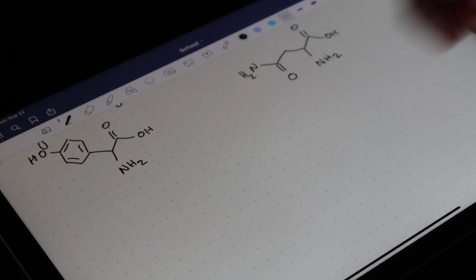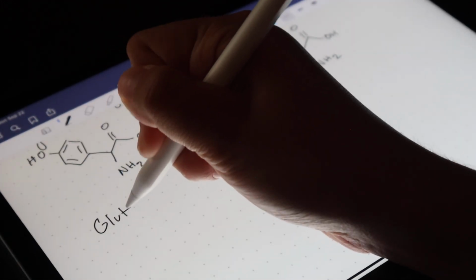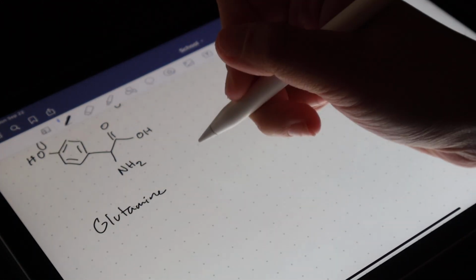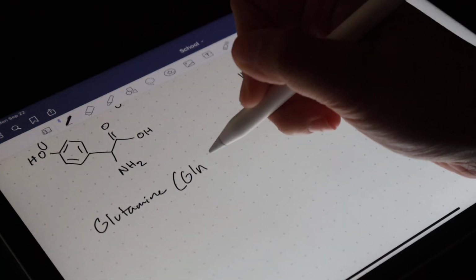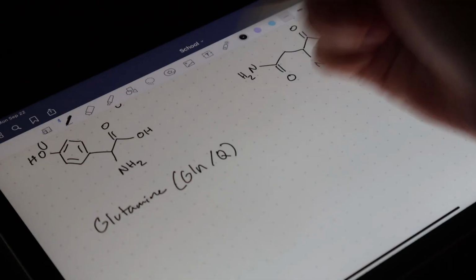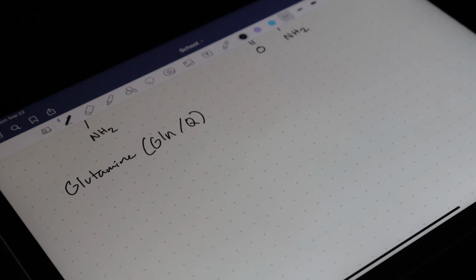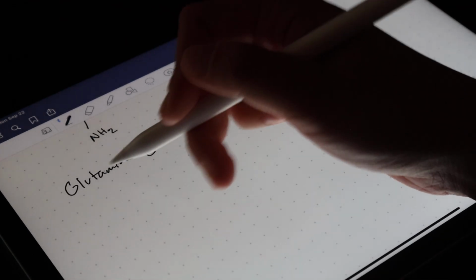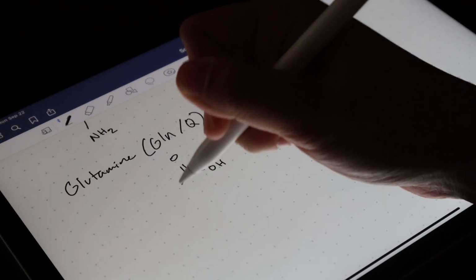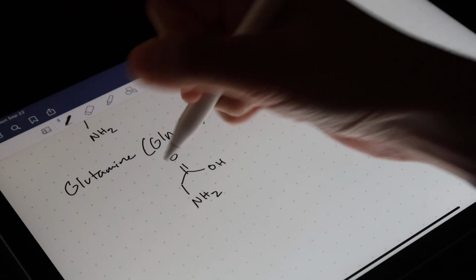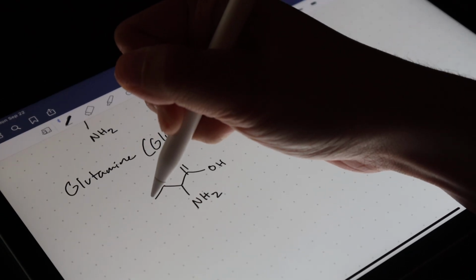And then lastly, to round out our polar group, we have glutamine, which is Gln or Q. Now I don't know where the Q came from. I guess we ran out of letters, but I think from the name you can already start to understand that there's probably going to be an amine group in our group, and you'd be correct.